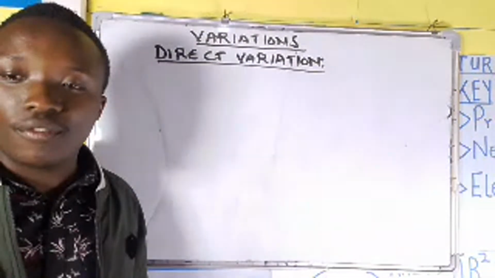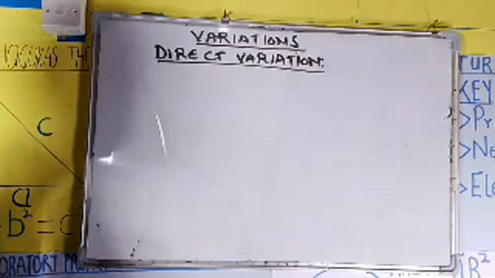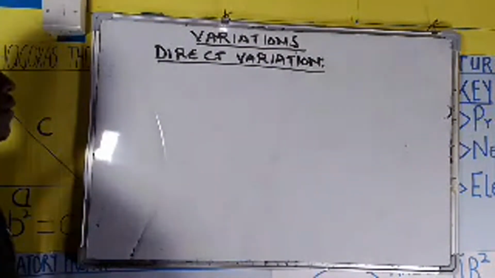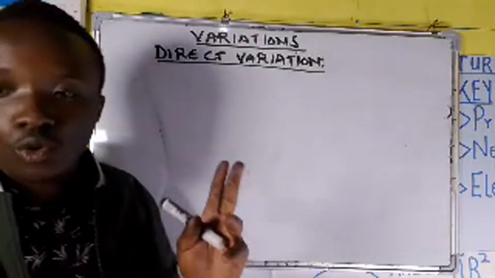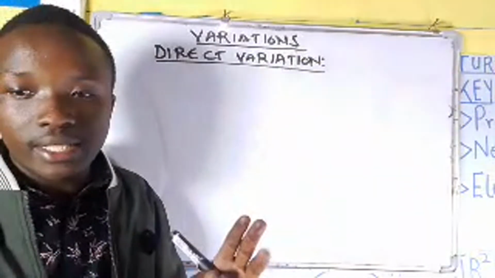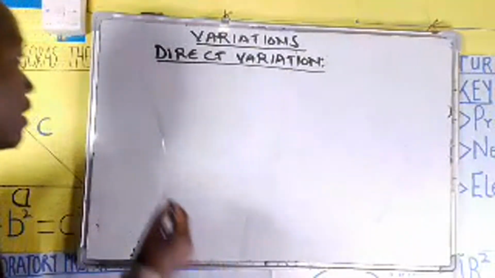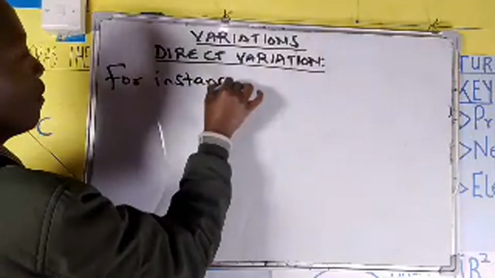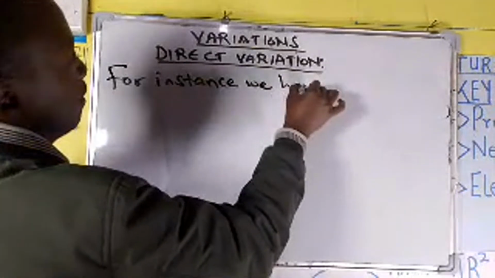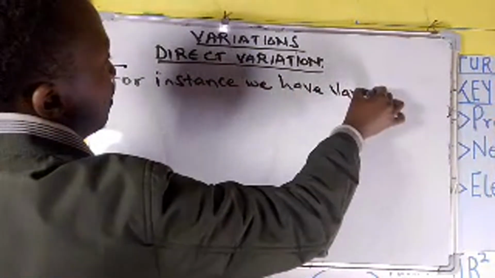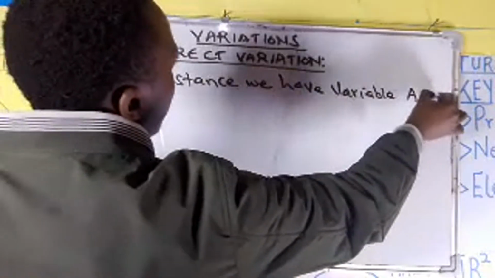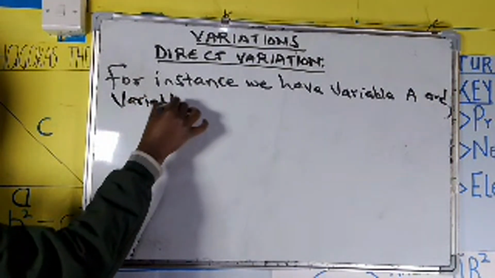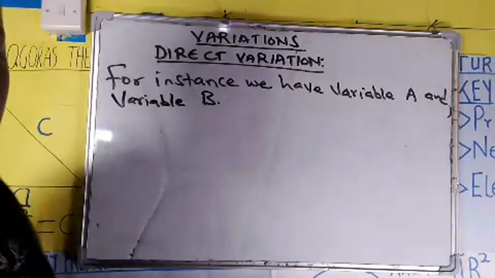So when we talk of direct variation, what we are saying is that we have, for instance, two variables. We have variable A and variable B. These are two different variables.